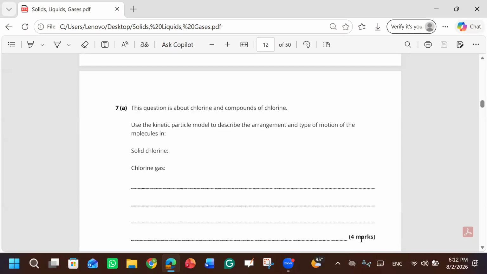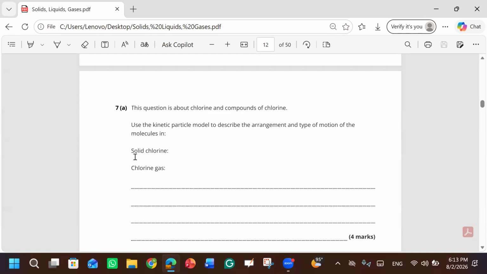Then they will give you 4 marks. Otherwise, if you have written three properties for solid chlorine and one point for chlorine gas, they will give you 3 marks. You have to always check the marks distribution. If it is for 4 marks and they are asking for two things, it means you have to mention two things about each thing they are asking for.